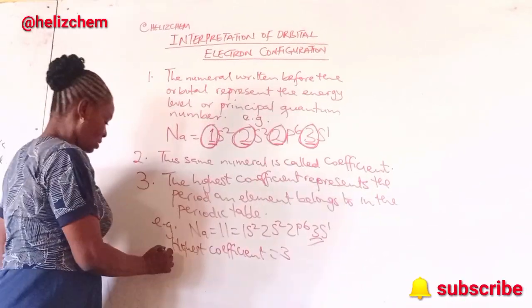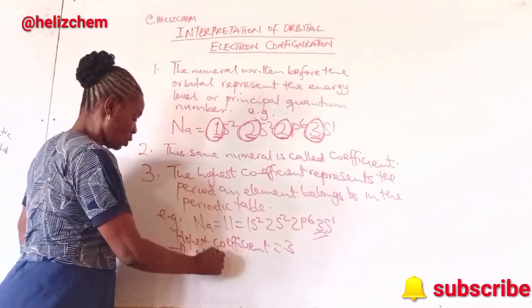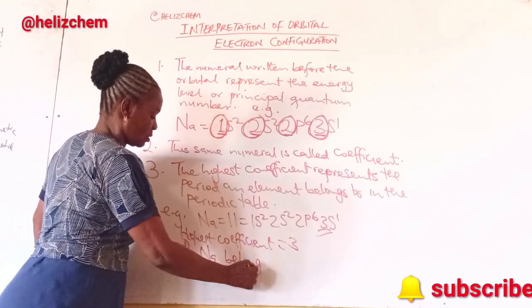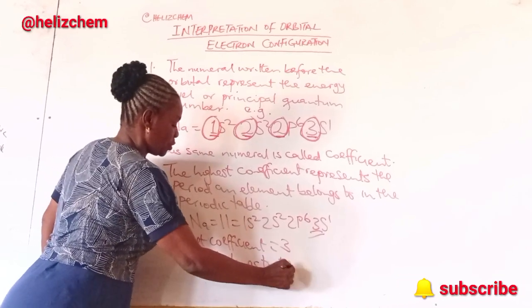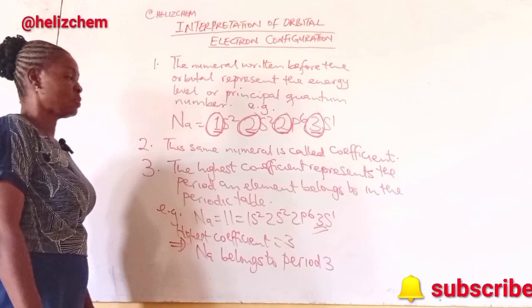So therefore, this implies that sodium belongs to period 3 in the periodic table.